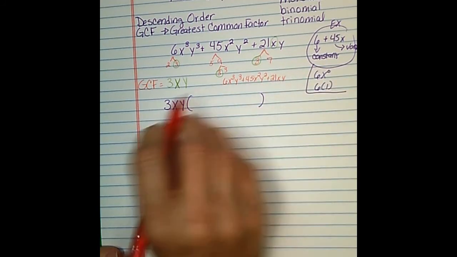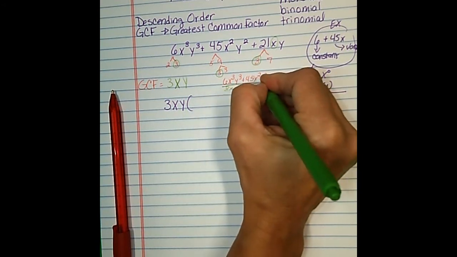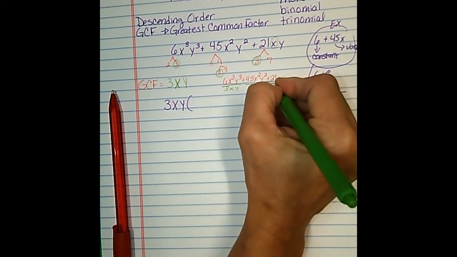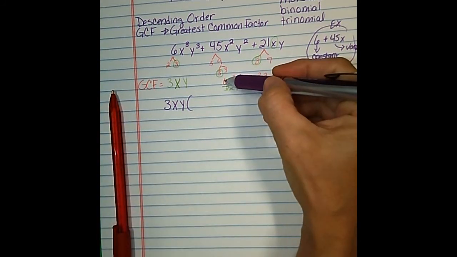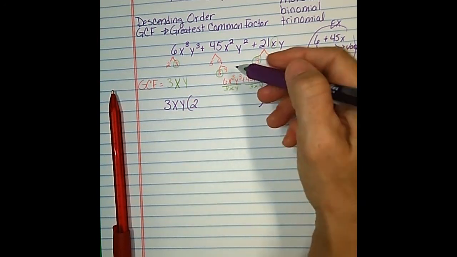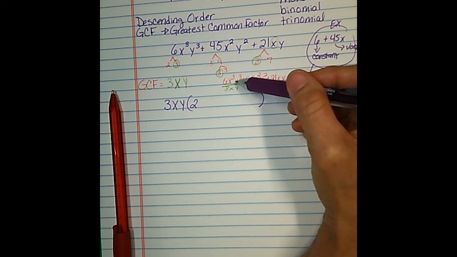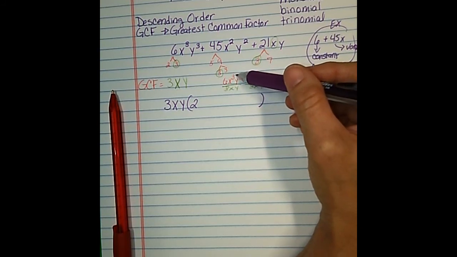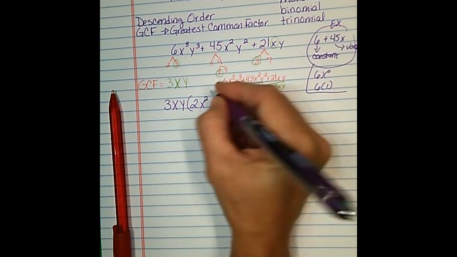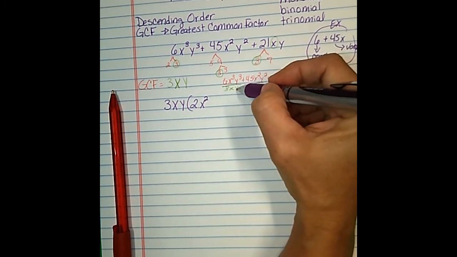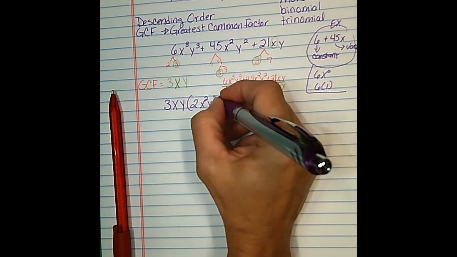What if I divided all those terms by that 3xy? 3 goes into 6 2 times. The quotient rule of exponents says if I divide by like bases, I subtract the powers, top minus bottom. So I have 3 minus 1 leaves me with x squared. Okay, so I have y cubed divided by y to the first. 3 minus 1 is y squared.